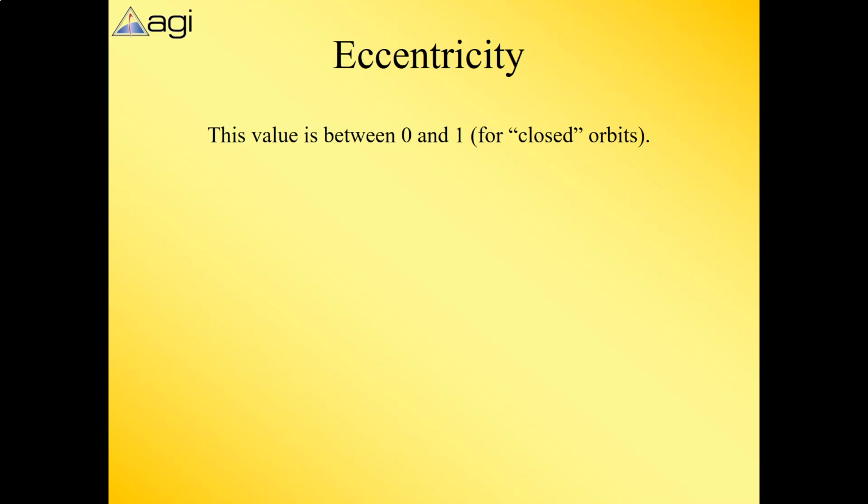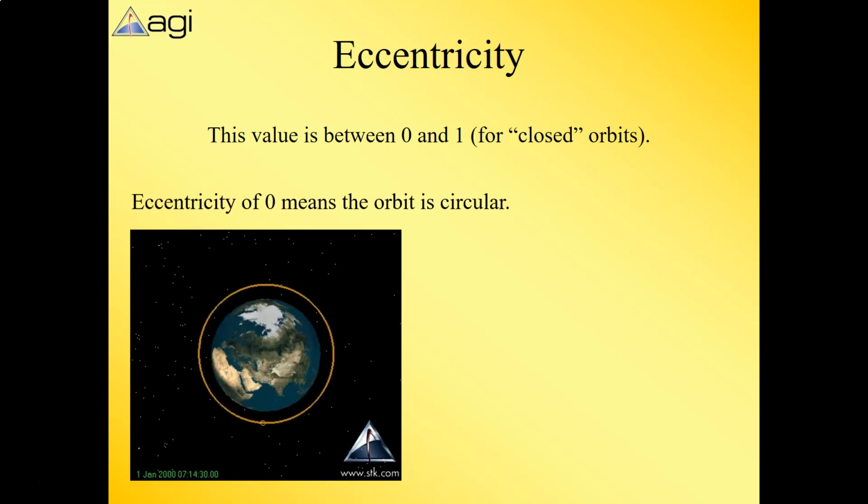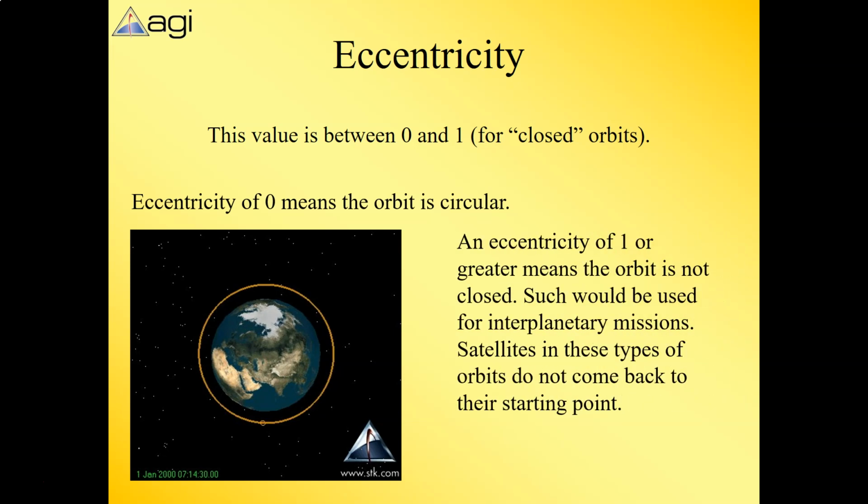But remember, an eccentricity equal to 0 means circular. An eccentricity of 1 or greater means the orbit is not closed. We would use these for interplanetary missions. Satellites in these types of orbits don't come back to their starting point, so their orbit is open.